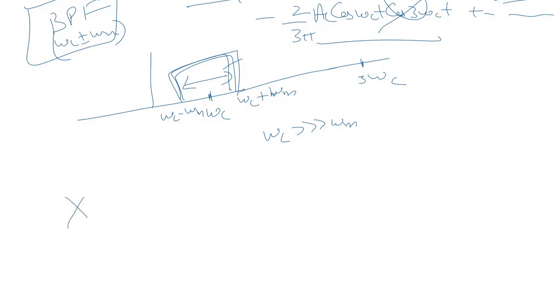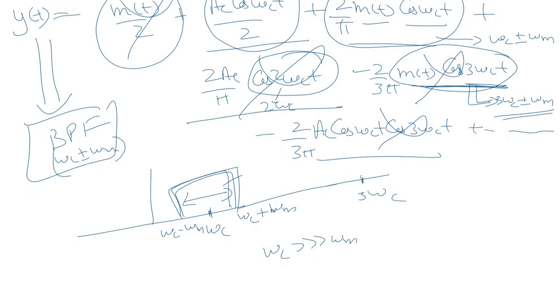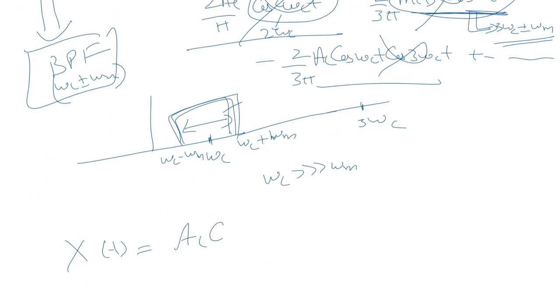So the resultant signal after band pass filtering would be Ac cos(ωct)/2 plus (2/π) m(t) cos(ωct).